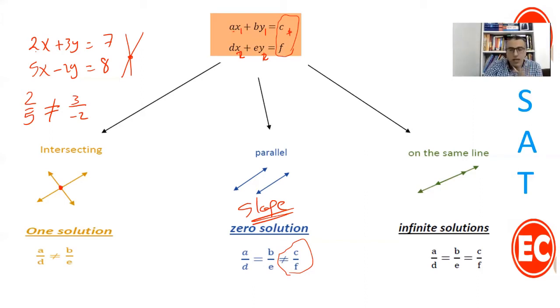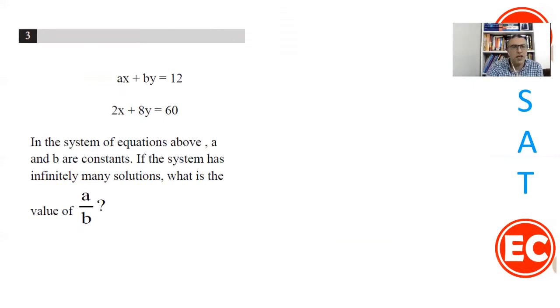In the SAT, we have specific questions about this part, and I'm going to present two types of these questions. The first one, question number 3 here: ax plus by equals 12 and 2x plus 8y equals 60. The question says the system of equations has infinitely many solutions.